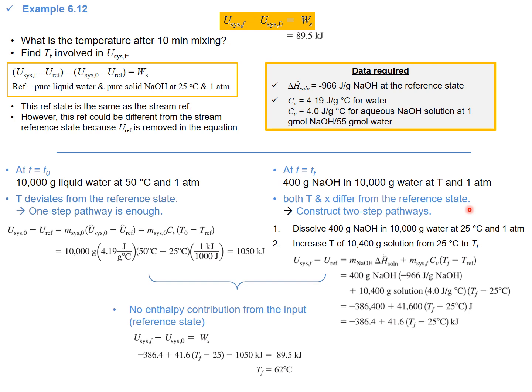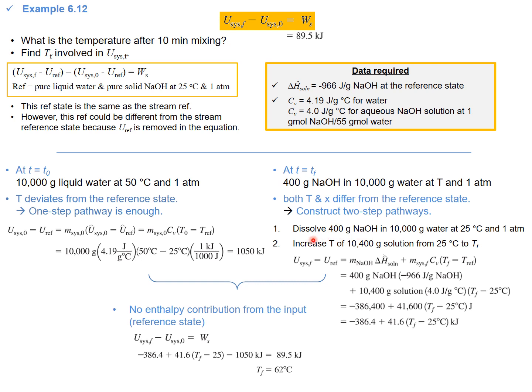So, we could construct a two-step pathway. The first one is the composition and the second one is temperature. Here's the two-step. The first step is for the composition. Dissolve 400 gram sodium hydroxide in this gram water at 25 Celsius degree and 1 atm. This is the reference state, but composition becomes different.